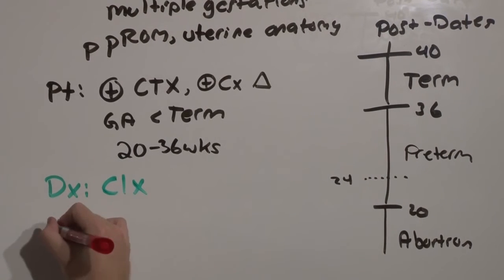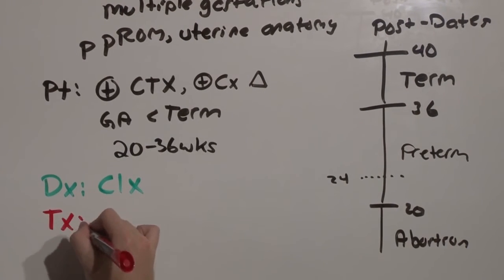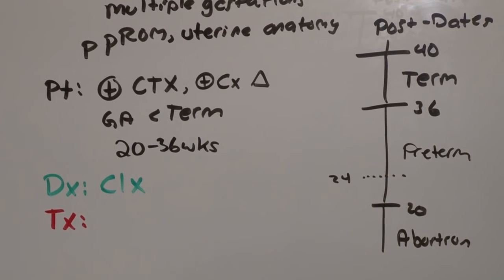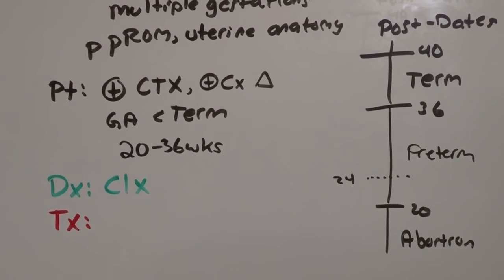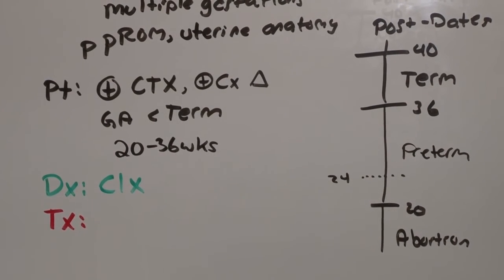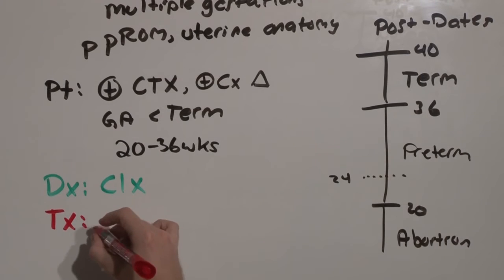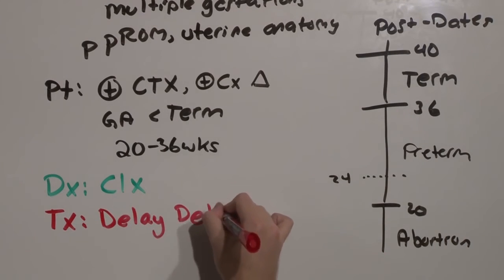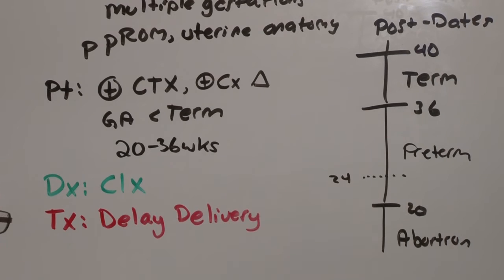And the treatment is going to focus around two things. Keeping baby in mom, that is stopping labor so that baby can develop, and giving baby the assistance it needs to develop its lungs. So you're going to delay delivery, and generally these mechanisms only work to buy you hours to days, not days to weeks.